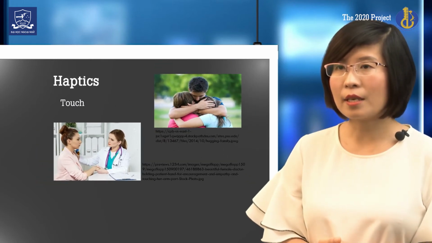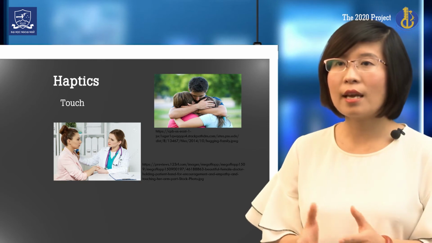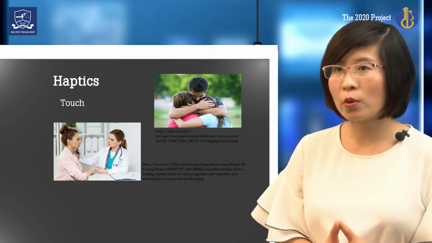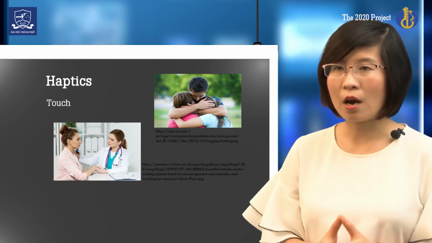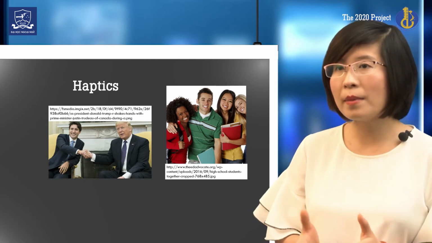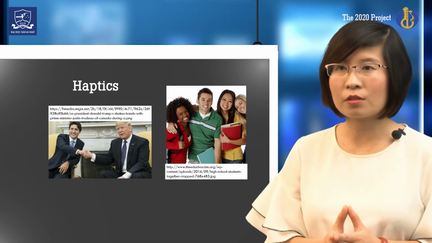flexible. The next category is haptics. Haptics refers to the use of touch, which sends a myriad of messages: protection, support, approval, or encouragement. As usual, where, when, and whom we touch, and what meaning we assign to touch, differ widely across cultures.